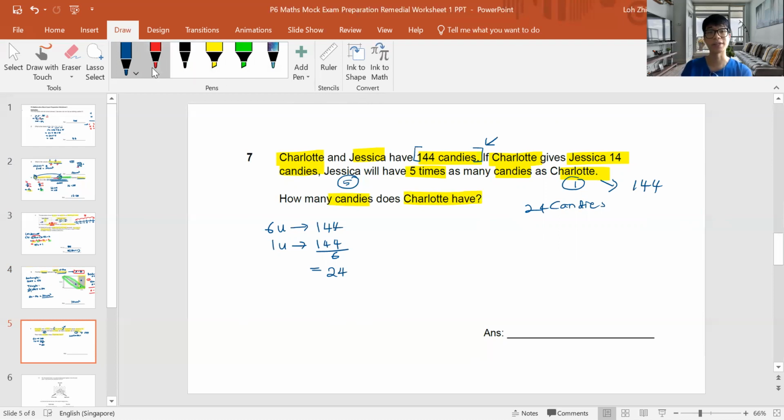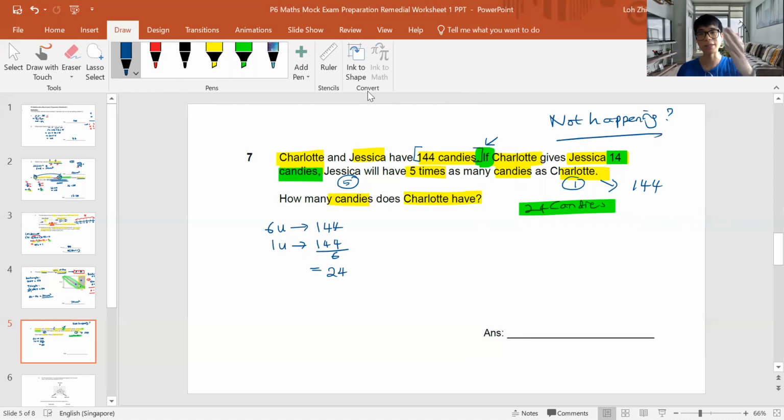Now, this is the tricky part. Just take note of this keyword: if. If Charlotte gives Jessica 14 candies, then Charlotte will have 24 candies. However, because they use the word if, this is not happening. They are just saying that if I do this, then this will happen.